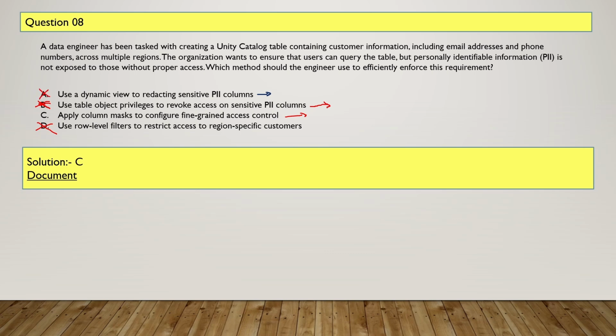Column masking is good because Unity Catalog brings column masking as well as row-level filtering. In column masking, we write a function, and that function is applicable to that particular column only, based on the group of people. Based on that we can create the configuration.